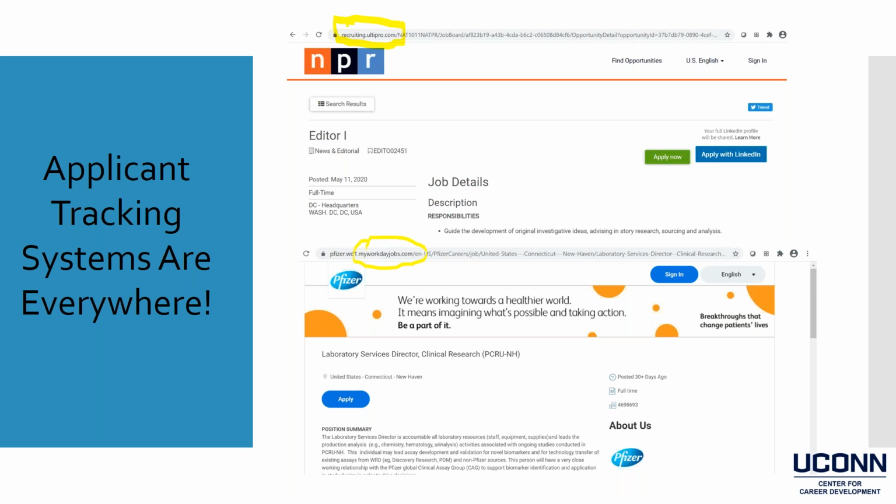Sometimes you'll also see other indicators on an application page, like it might say something like powered by Kronos or powered by Teleonet, and these are also applicant tracking systems. So it's really best to just assume that an employer is using an ATS unless you know that you're sending your application to an actual person's email address.